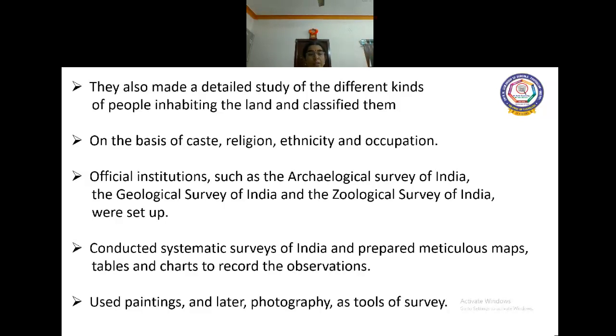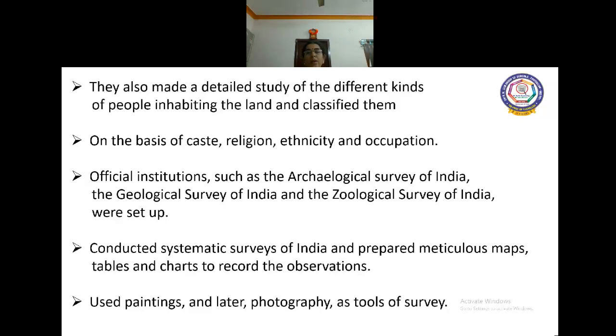So they set up institutions such as the Archaeological Survey of India to do surveys on an archaeological basis, the Geological Survey of India, that is, the Earth's physical structure, was also surveyed, and the Zoological Survey of India for the exploration and research about fauna in the country, and conducted systematic surveys of India and prepared meticulous maps.